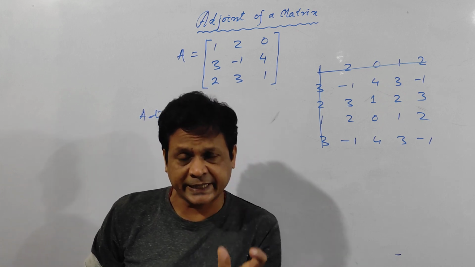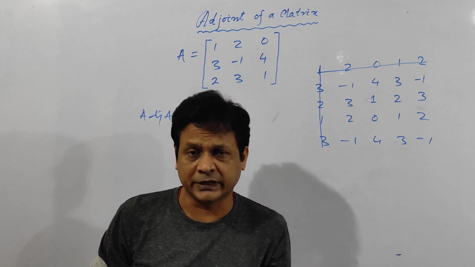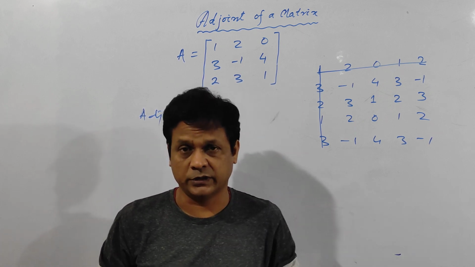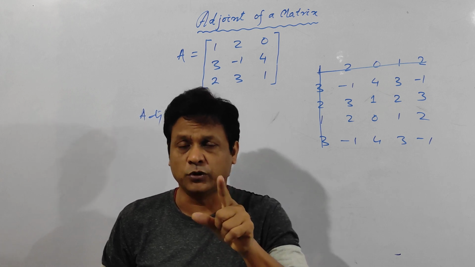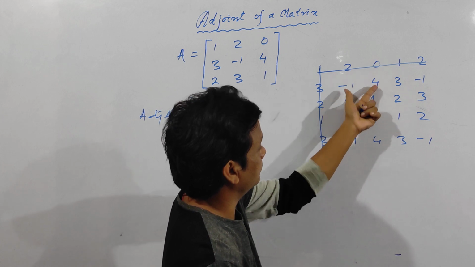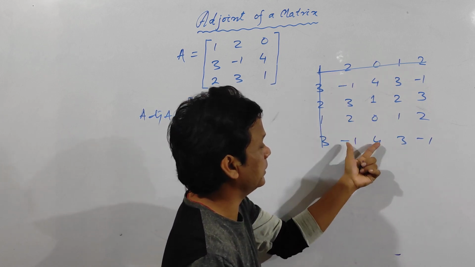The cofactors of the second column should be written in the second row. And the cofactors of the third column should be written in the third row, by writing the adjoint, because you have to take the transpose. Clear? See here. Now, I am taking these two. First of all, the determinant of these two, then the determinant of these two, then the determinant of these two.